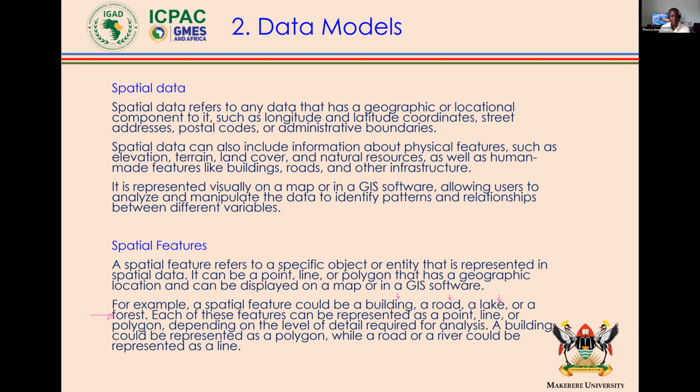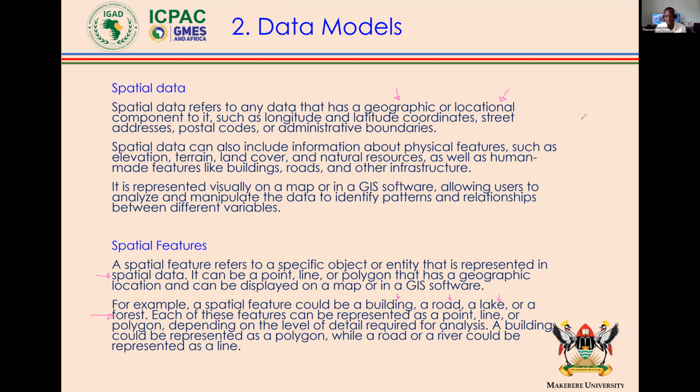So remember, a spatial feature should be represented by spatial data. And when it's represented by spatial data, it must have location or geographic information attached to it. If the data that you have in your computer does not have location or geographic information attached to it or as part of it, then it doesn't qualify to be spatial data.